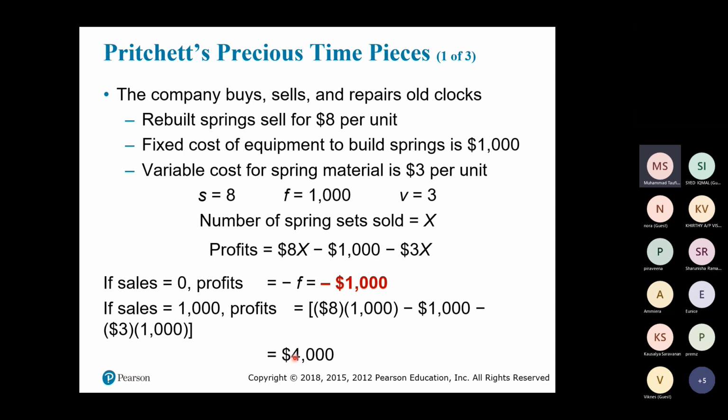It means that if you can sell 1,000 units of springs, you can get 4,000 ringgit of profit. So you can already cover your capital to buy the equipment.